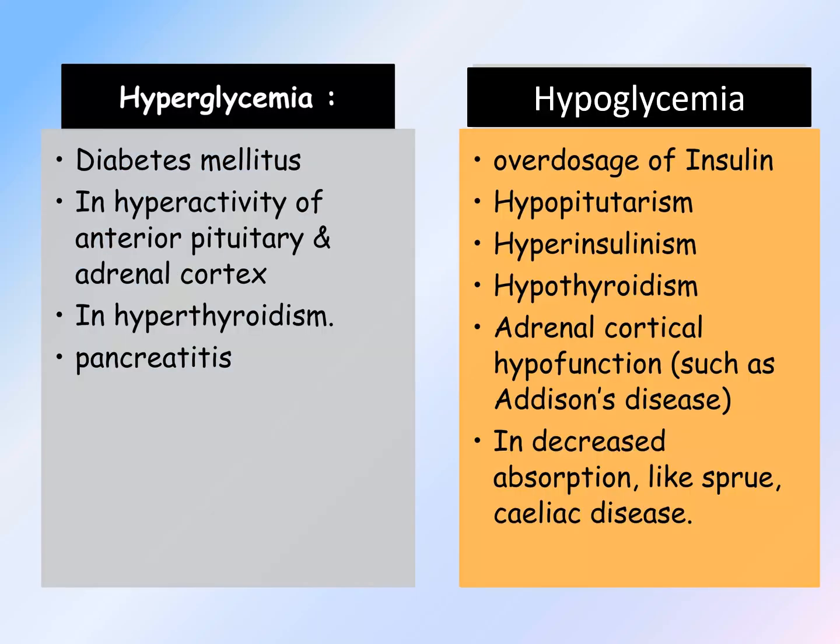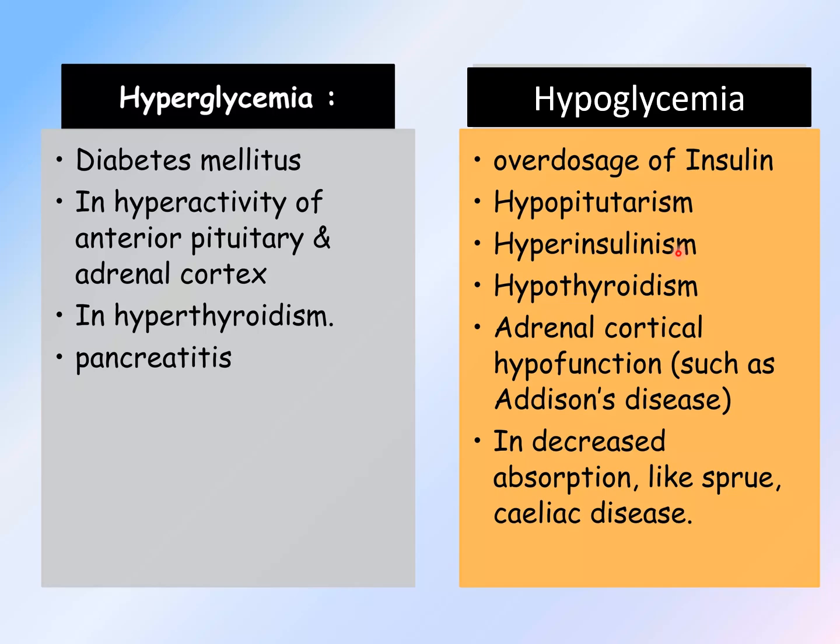And this is the last slide, hyperglycemia and hypoglycemia. What happens here? Diabetes mellitus, hyperactivity of the anterior pituitary and adrenal cortex, and hyperthyroidism. A very important word you should link with the thyroid in glucose level. As for hypoglycemia, it is caused by overdosage of insulin. As a clinician, you should take care of a person, what drugs they are taking.